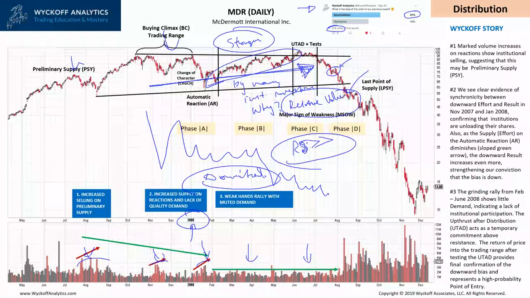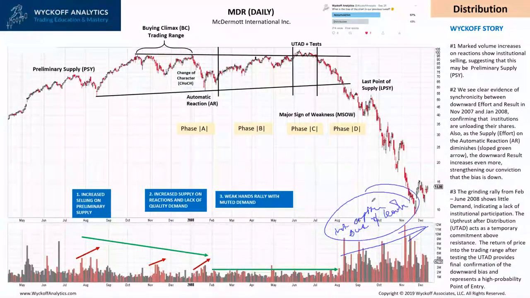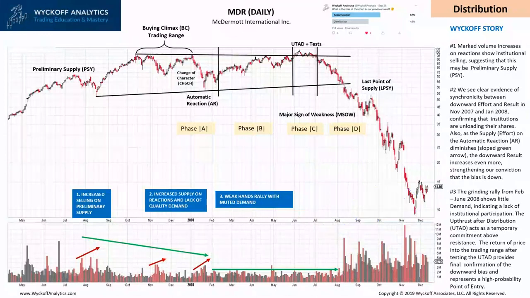it will collapse fast, as the majority of them will be trying to get out. And we see that both in the volume signature that increases dramatically. So this is where institutions are capitulating, and they're capitulating out of a leader. And this capitulation just happens in the same way, and we'll discuss this.